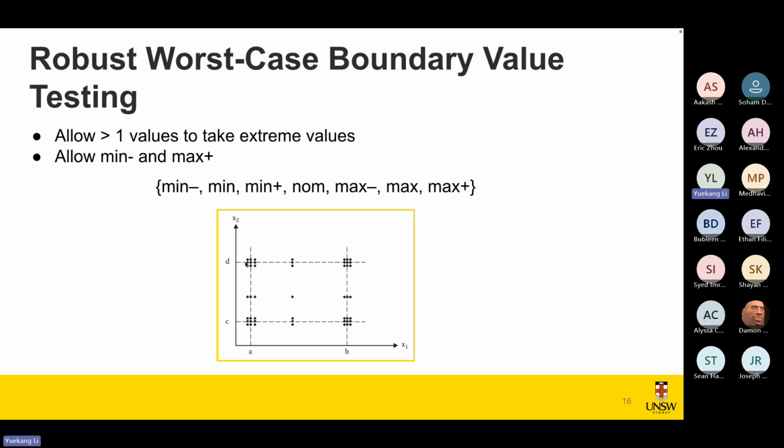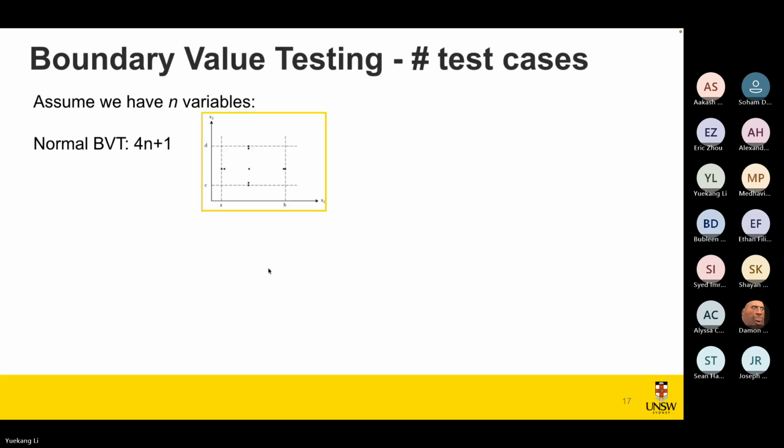So we allow values to be invalid, and we allow more than one value to take extreme values. So now let's think about how many test cases we are going to have if we do each one of them. So for boundary value testing, if we have n variables, we are going to need 4n plus 1 test cases.